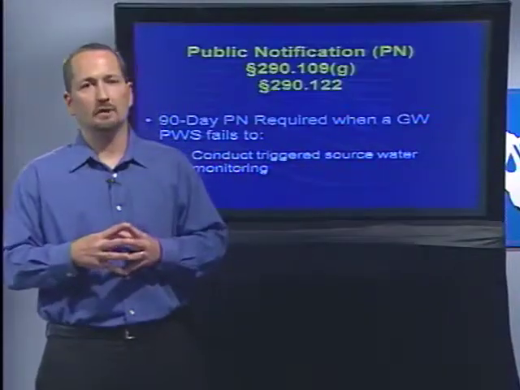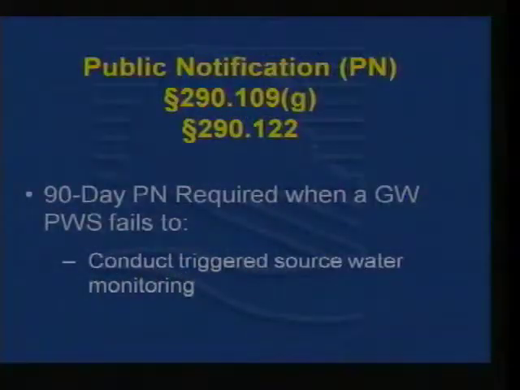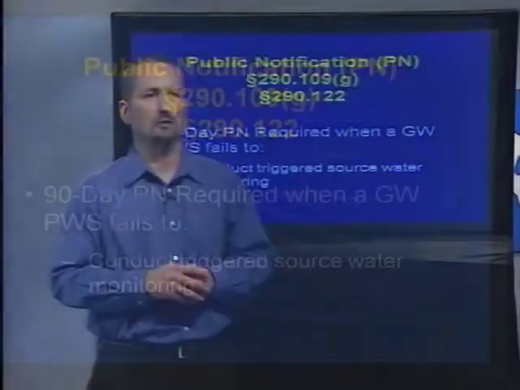Briefly, public notification regarding triggered source monitoring. You can see the citations listed there on the screen. The 290.109(g) is part of the Total Coliform Rule that incorporates the Groundwater Rule, and it describes the public notice requirements.